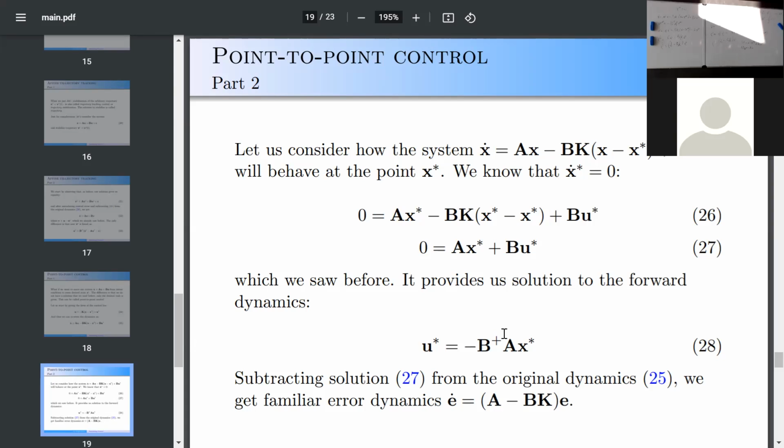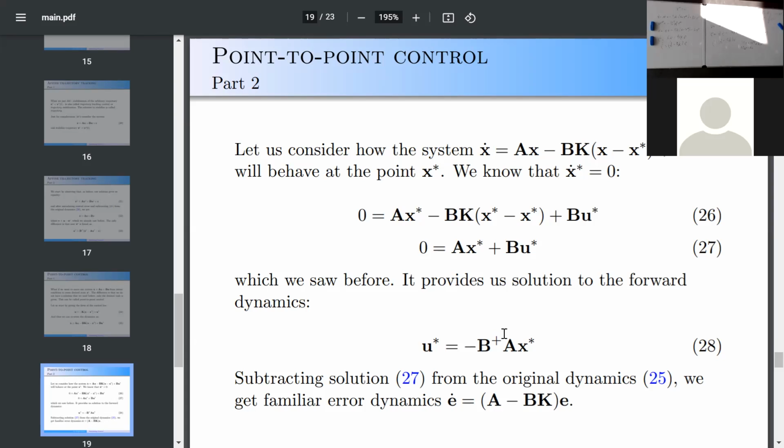Yes? Why did we define u star this way instead of defining it, for example, as minus k x star? Why do we define it as in 28? Equation 28 comes from equation 27, which we solve for u. Can we just define it as negative k x star? No, equation 27 gives us an exact relation for this problem.